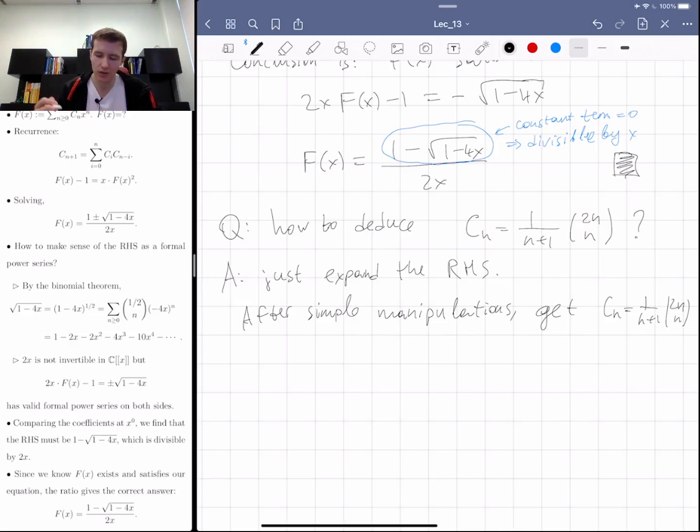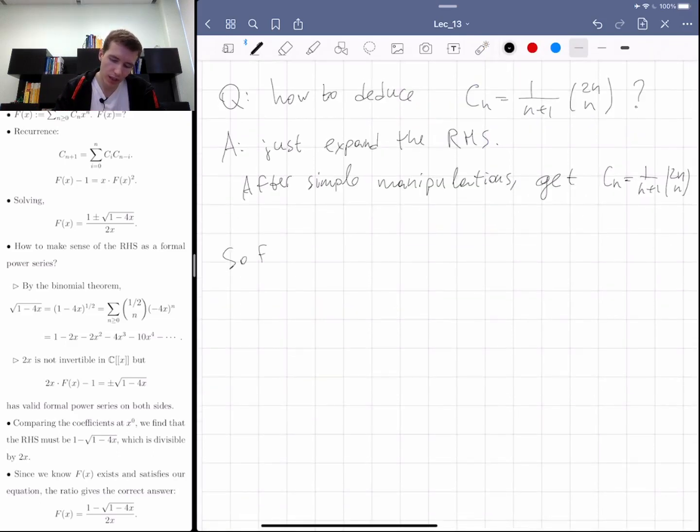So far, I have computed 1 plus 2x plus 3x squared plus etc., and Fibonacci numbers and Catalan numbers. But there are many more sequences we have seen in this class already.